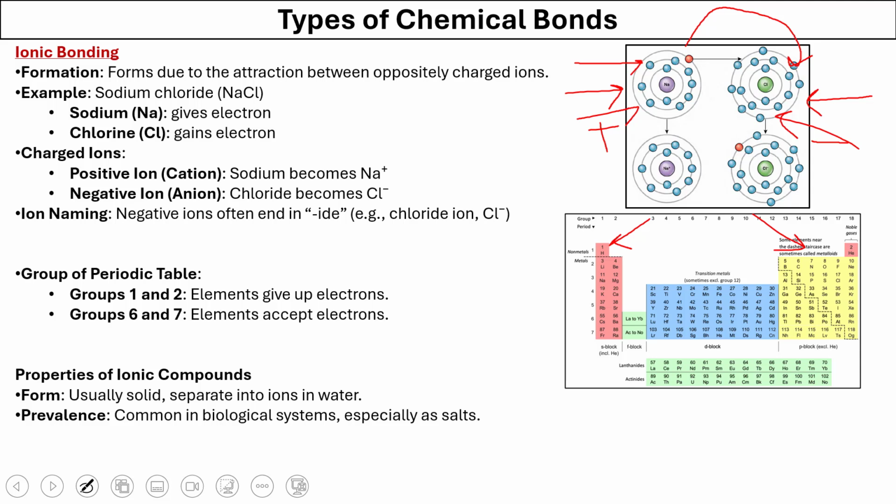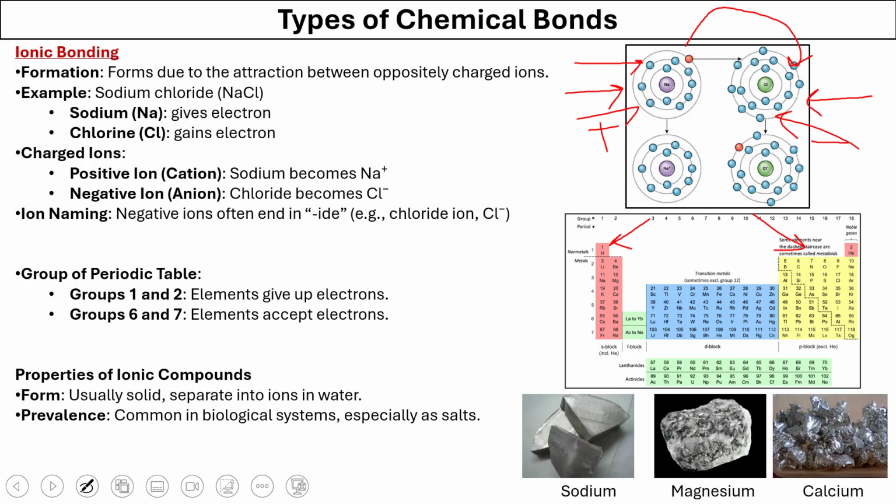Some properties of ionic compounds are that they are usually solid, they can ionize when they are in water, and they have different functions in the biological system. For example, sodium and potassium give you the electrical gradient in your neurons.